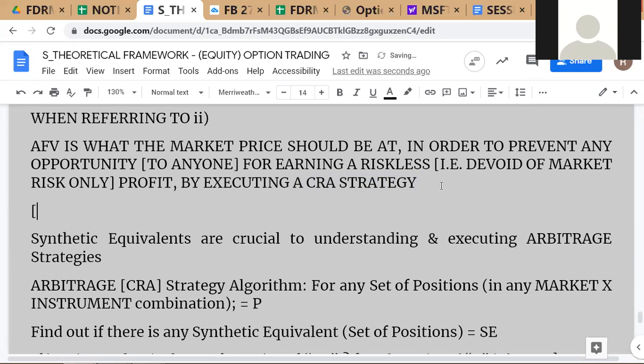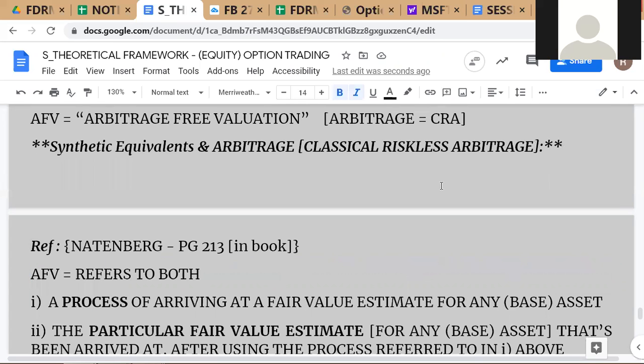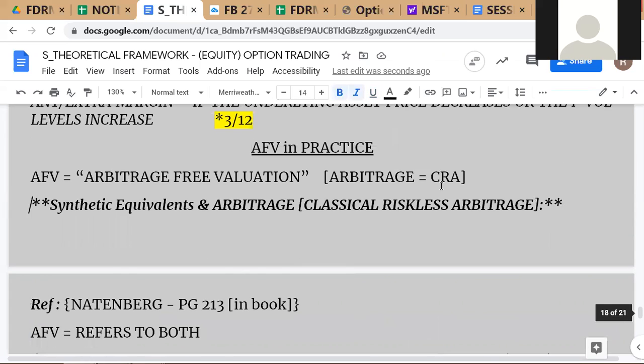We'll put the whole thing in brackets and italicize it. We can keep this as a way of recalling the topic.